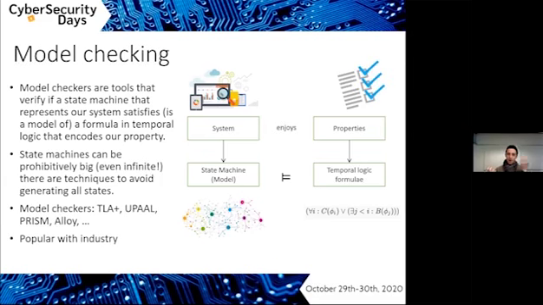And the guarantee behind model checking is that our system will enjoy the property of interest if and only if the state machine is actually a model for the temporal formula. So if the algorithm says yes, this state machine is a model for this formula, it satisfies the formula. State machines can be arbitrarily complicated, can even be infinite.